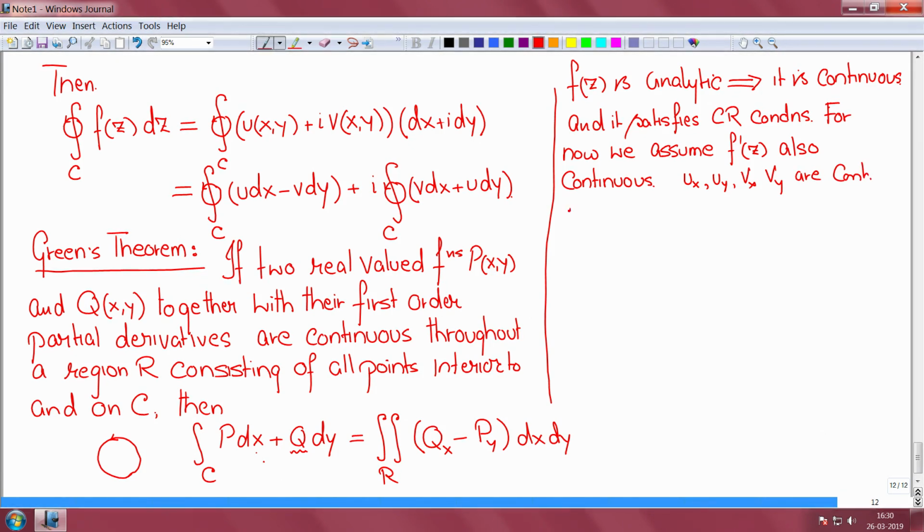Now let us see, I have the integral over the closed contour C, counterclockwise, of f of z dz, and we found the full form earlier, which is the integral of u dx minus v dy, plus i times the integral of v dx plus u dy.